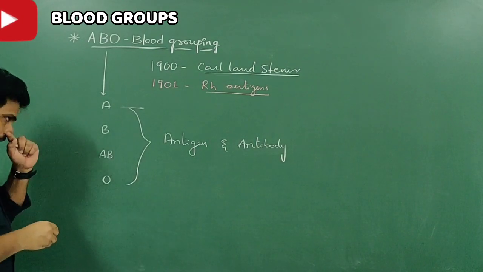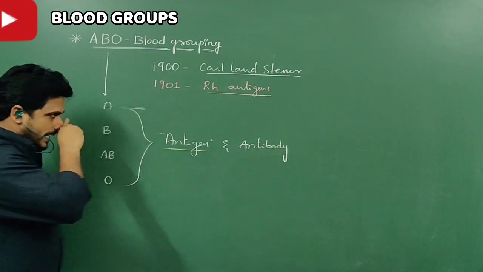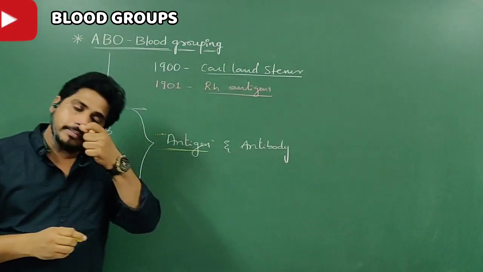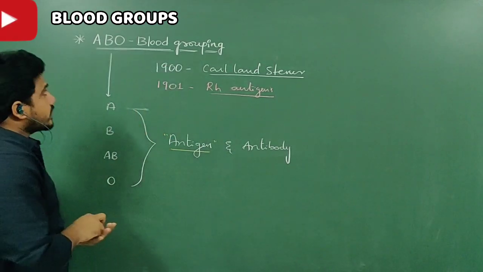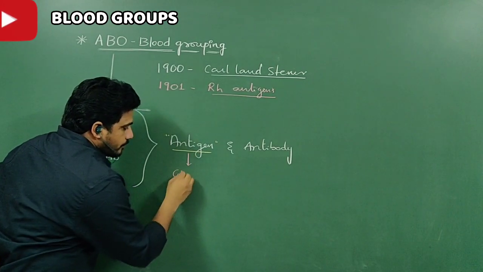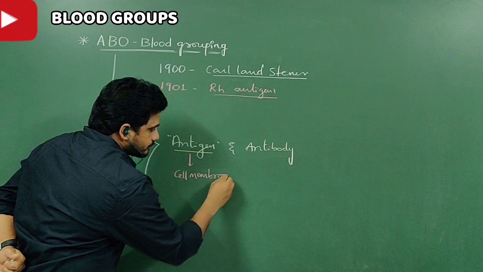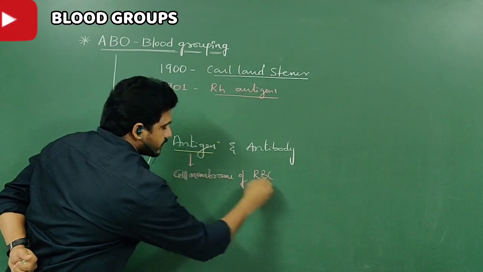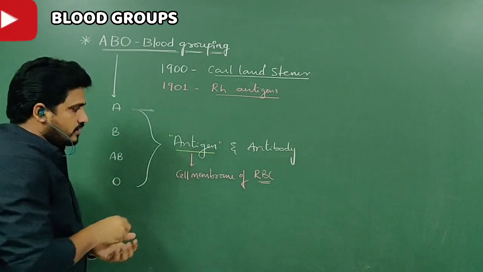Firstly, each and every student must know what an antigen is. Antigens may be a protein, a carbohydrate, or other than protein and carbohydrate also. But in a blood grouping system, these antigens are present on the cell membrane of RBC. Very, very important. Where do these antigens exist in case of blood grouping? RBC.